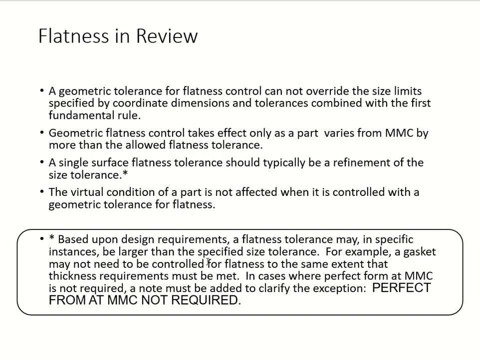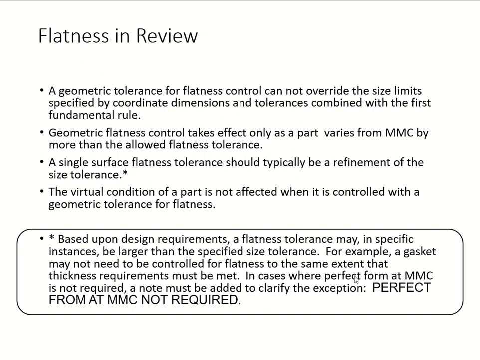Okay. All right. Now here is a box that you've got to pay attention to. Based on your design, sometimes your flatness tolerance is going to be larger than your size tolerance. So what kind of case is that? Your gasket, for example, may not need to be controlled for flatness when you deal with these parts to the same extent that the thickness requirements have to be met.